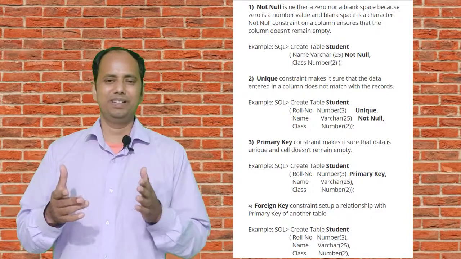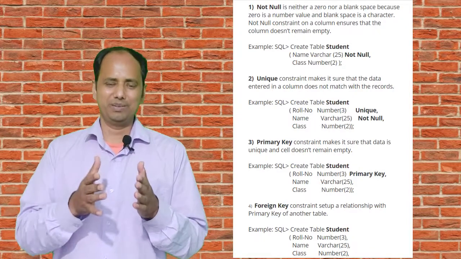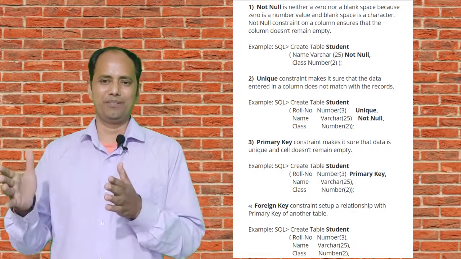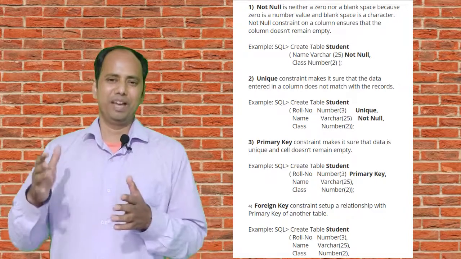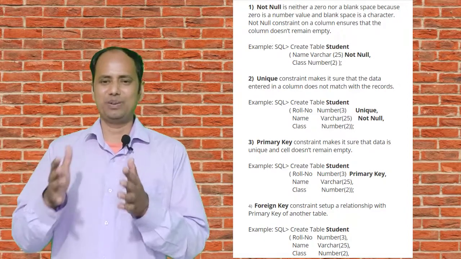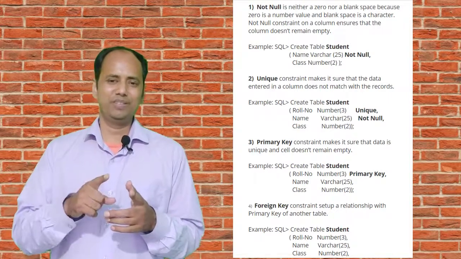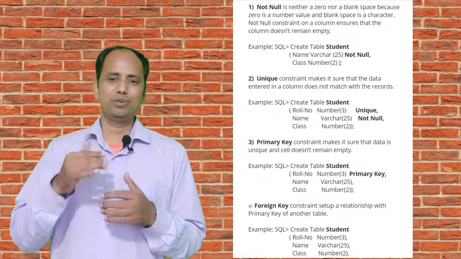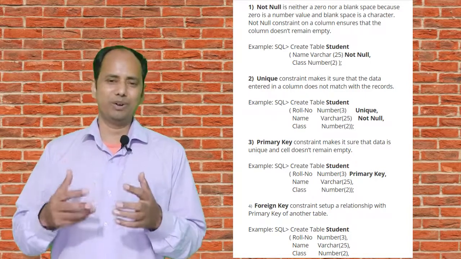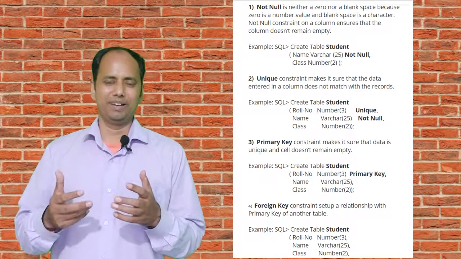You can see there we are writing create table and table name, next we are writing column names, and in front of it field name, and by its side we are writing a constraint not null, meaning don't leave this field empty. So the user has to enter some record in it. It would not accept an empty cell there.